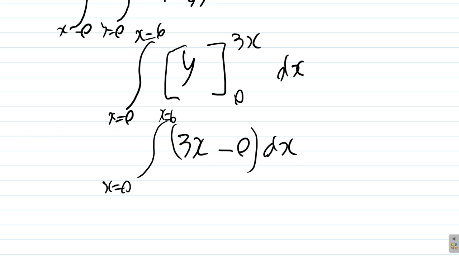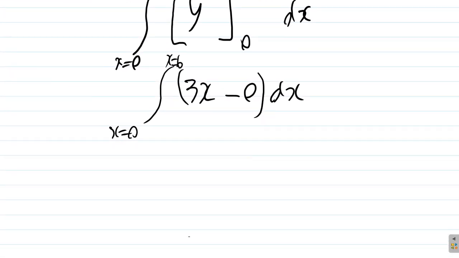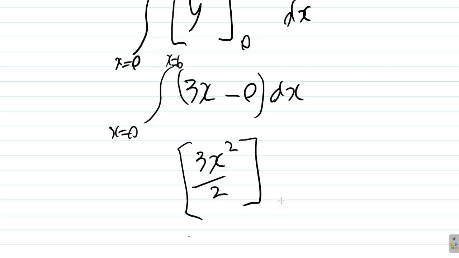When you integrate 3x with respect to x, what do you get? Well, it's x squared over 2. So it's 3x squared over 2. And you're going from 0 to 6. So what you have now is 3 times 6 squared over 2 minus, well, 3 times 0 squared over 2 is just 0.